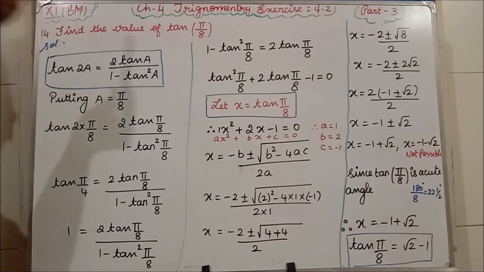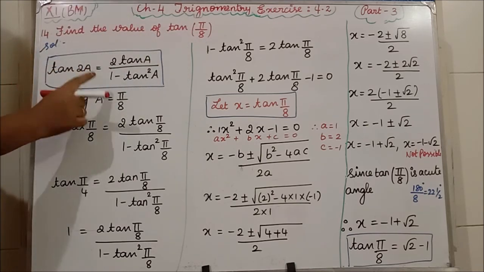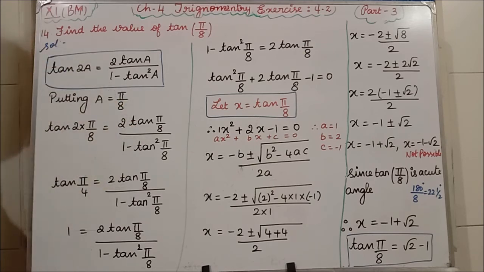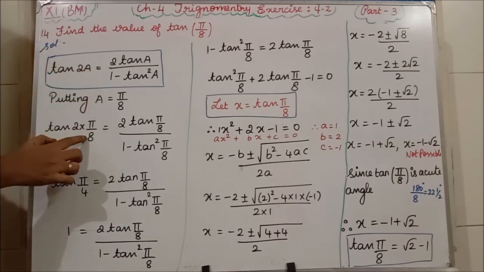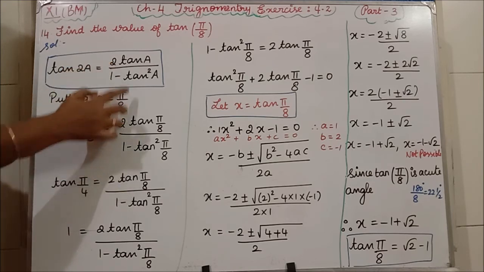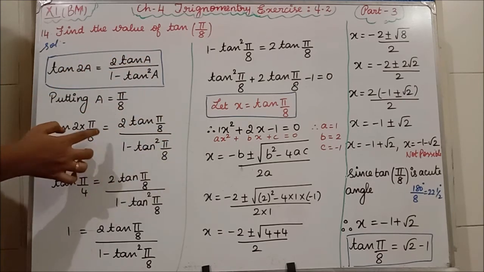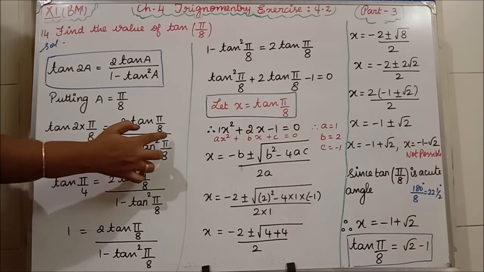Okay, we have to find the tan pi by 8, isn't it? So in the place of a, I am going to take pi by 8.